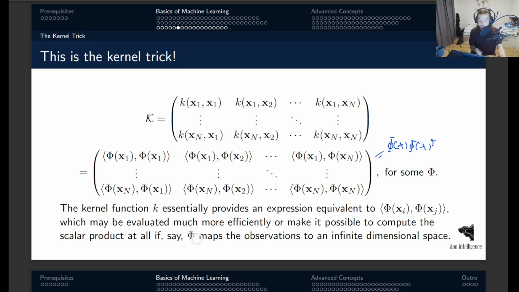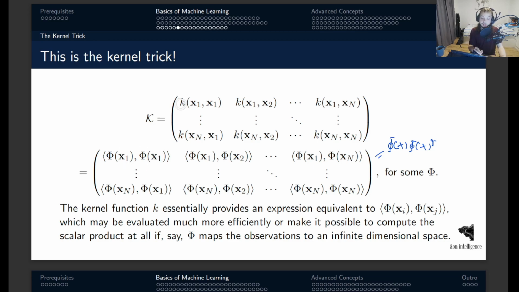It may be that your feature map phi maps the observations you have available to an infinite dimensional space. So essentially you have infinitely many features to model your data with. And this sounds great, right? You would like to use that. But calculating the inner product of infinite dimensional objects is not feasible for finite machines as our computers. So in that case, it's not possible to calculate this inner product.